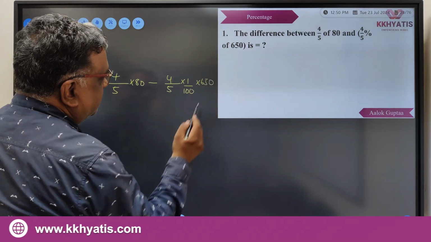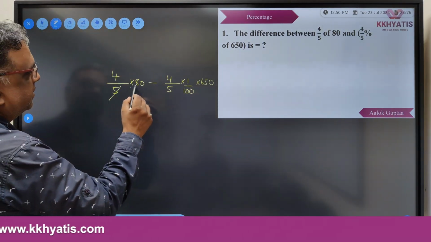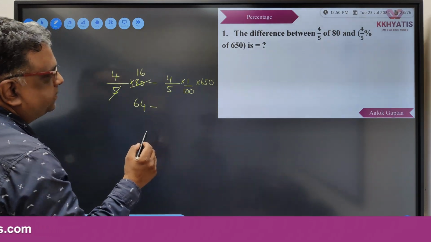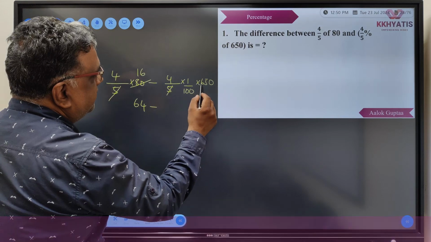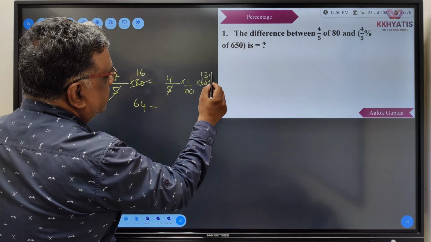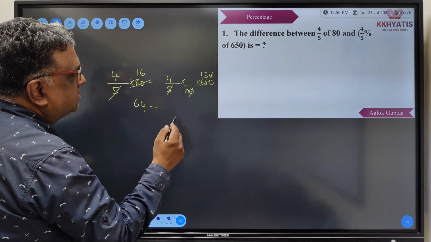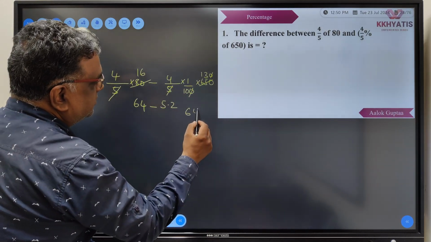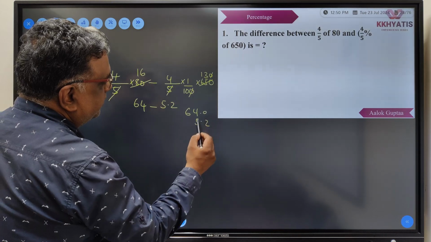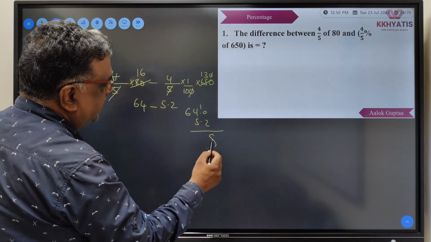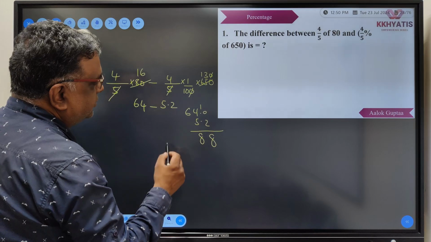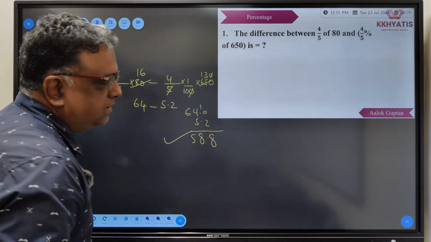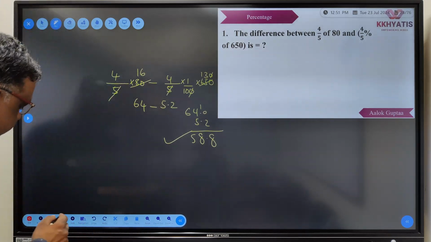So 16 5s are 64, and in the second, the 0s cancel, 52, so this becomes 5.2. So 64 minus 5.2 is 58.8, which is the answer. Okay, let's move ahead.